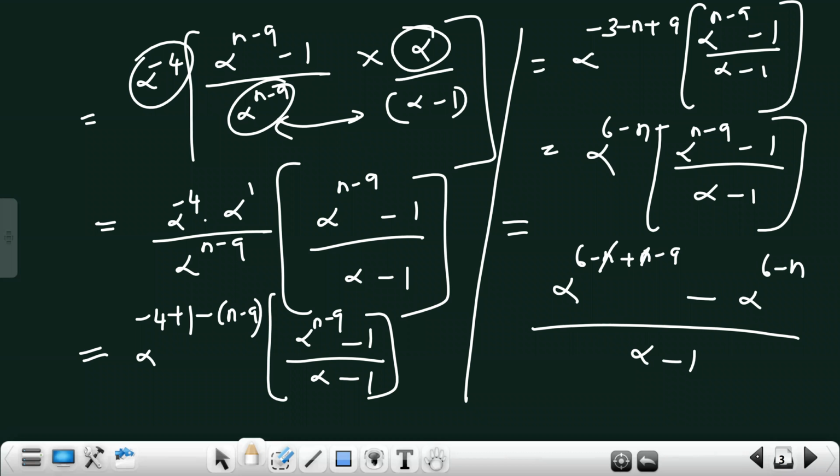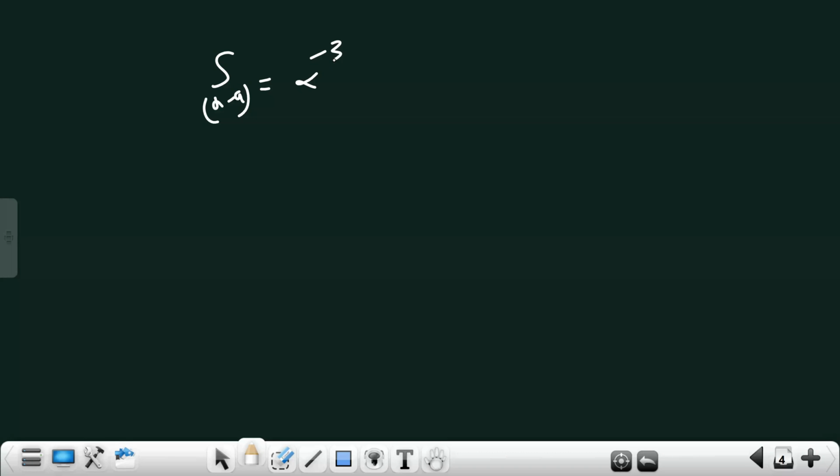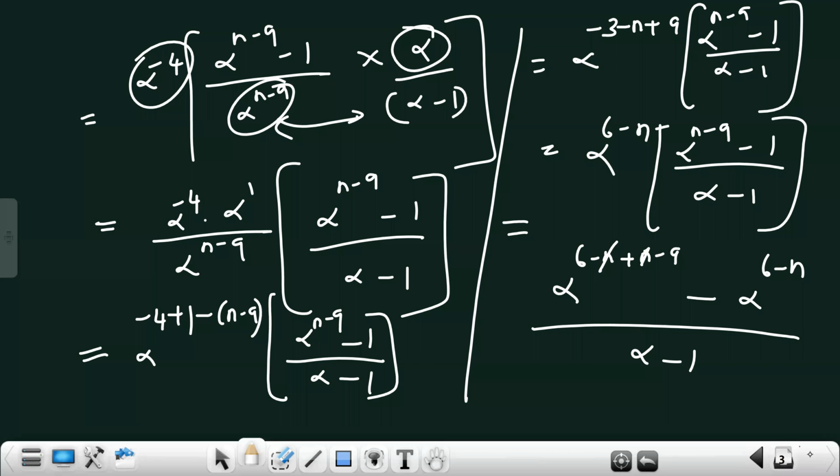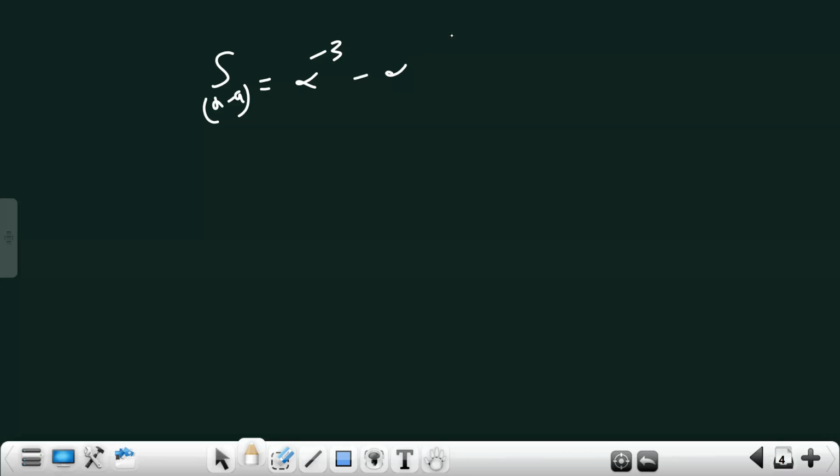This is your summation, that summation of n minus 9 terms. So this is alpha to the power minus 3 minus alpha to the power 6 minus n divided by alpha minus 1.